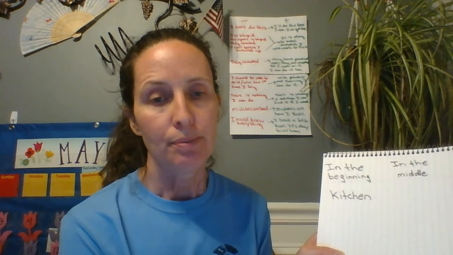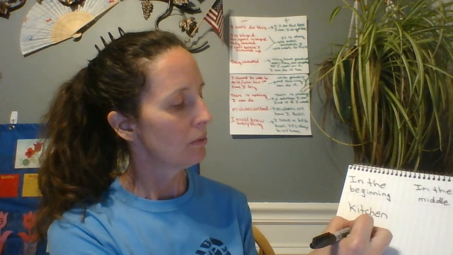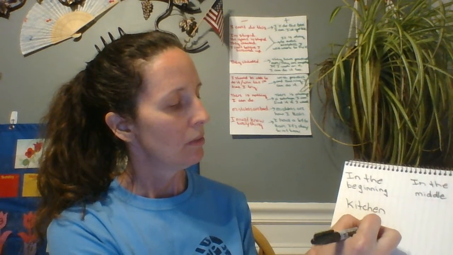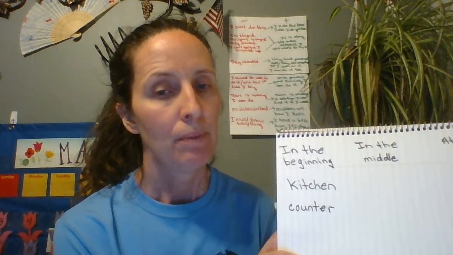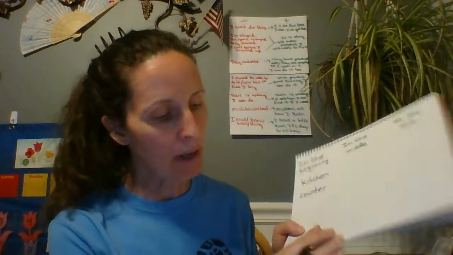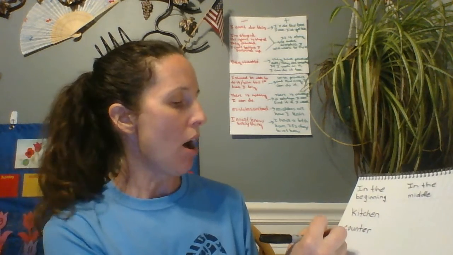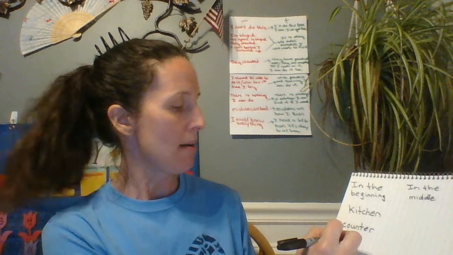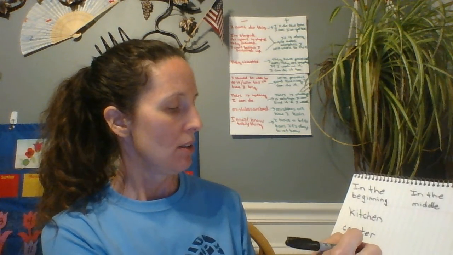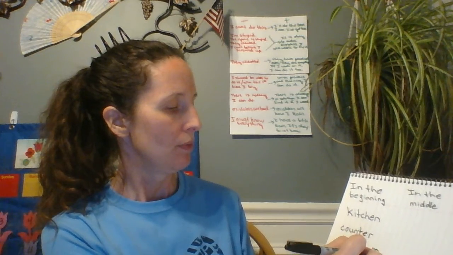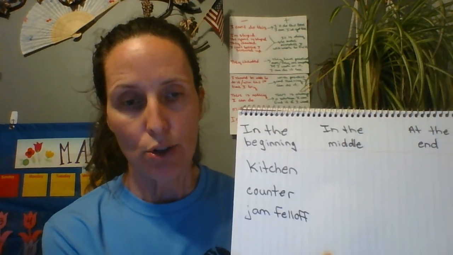What did he do? Yep, he jumps up on the counter. Anything else happen? Oh, yep, you're totally right. The jam fell off the counter. So jam fell. All right. So that's what happened at the beginning of our story.